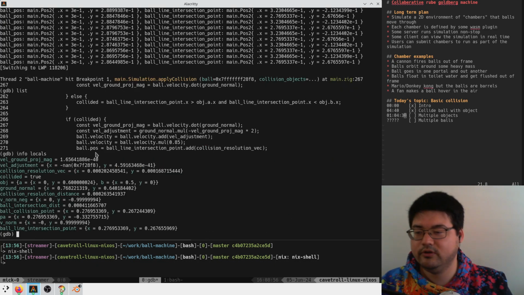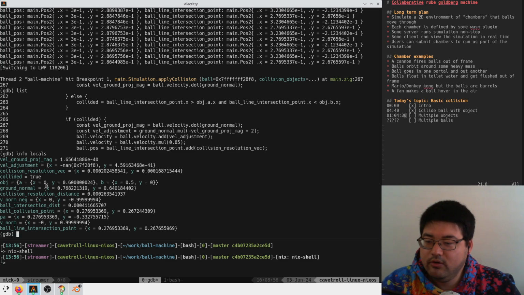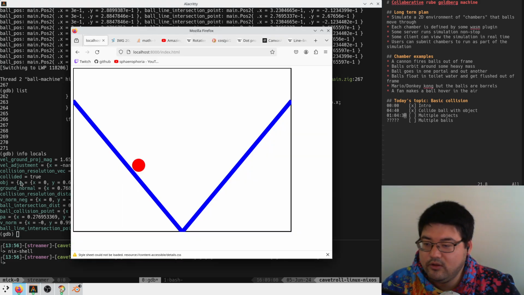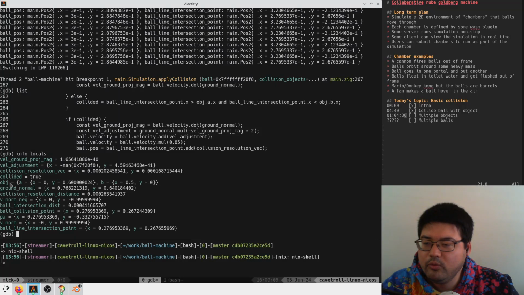Info locals. Okay, so we collided. That's a reasonable assumption here. We have the ground normal is up and to the right. Great. Collision resolution distance is some positive number. And the ball intersection distance is some small number, and the collision point is x 2.5, y 2.7. Feels fine as well.